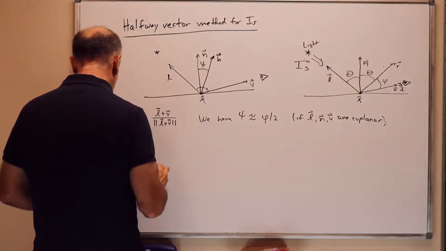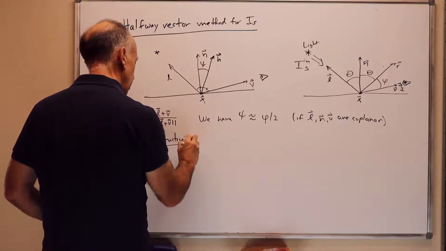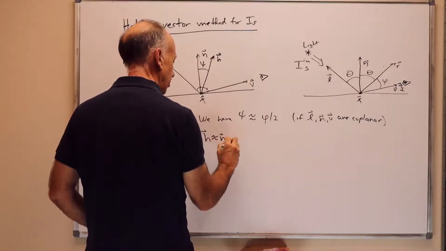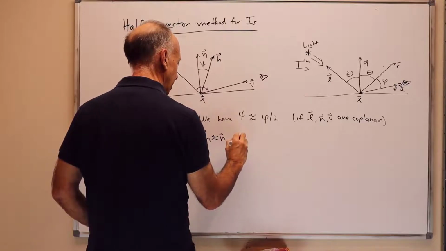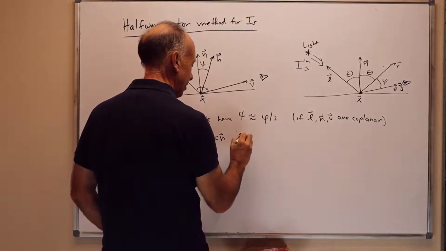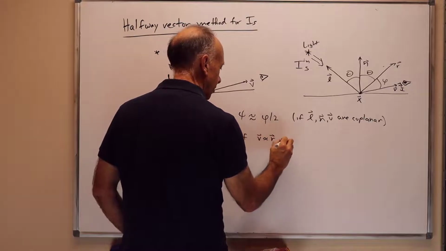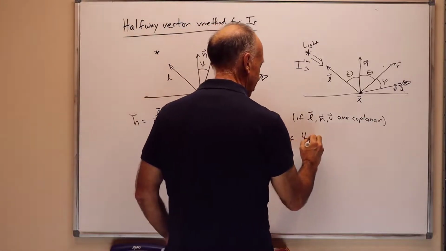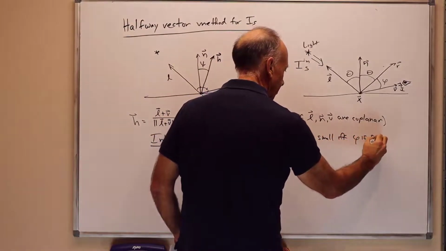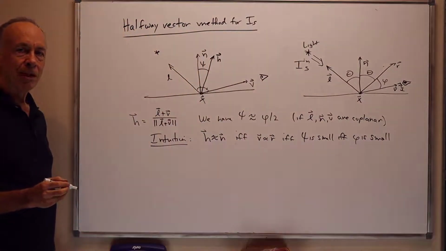And then the formula and the intuition here is that H is close to the vector n if and only if, it's just an intuition, and I'm not defining exactly what close means, if and only if v is close to the vector r, and that's if and only if psi is small, and that's if and only if phi is small. And these are the cases where there's some noticeable specular highlight.